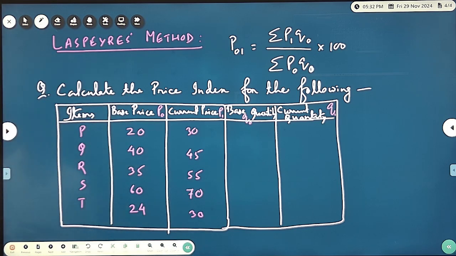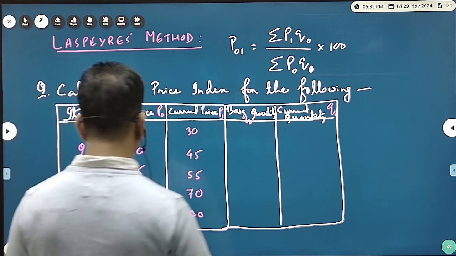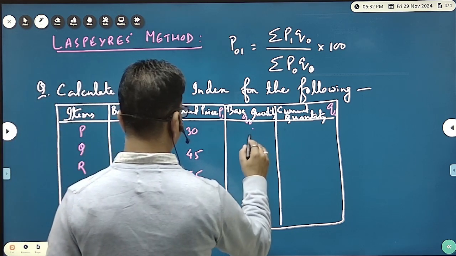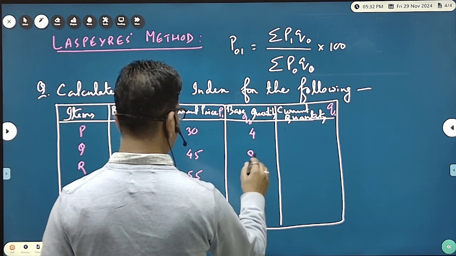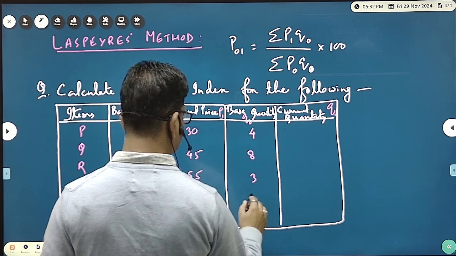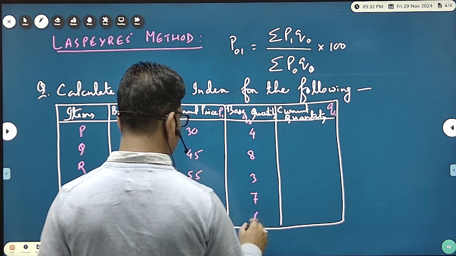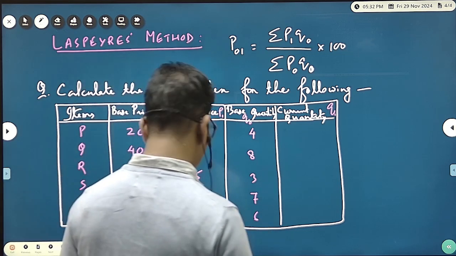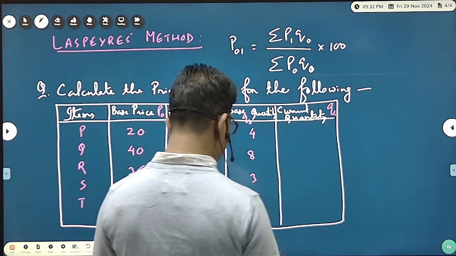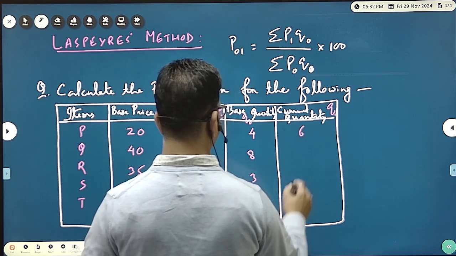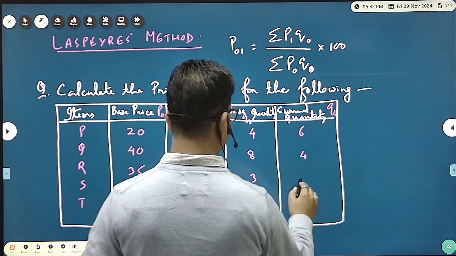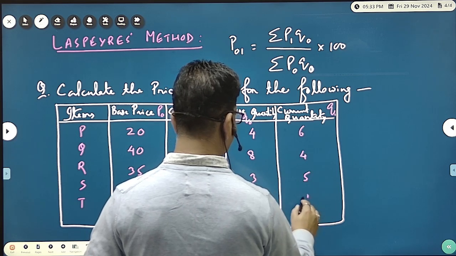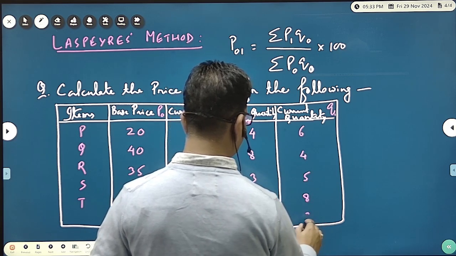Now base quantity, any base quantity: suppose here 4 kg is bought, 8, 3, 7, 6. Current quantity might increase or decrease, doesn't matter. Suppose here 6 kg is bought, here 4, here 5, here 8, and here 2 kg.